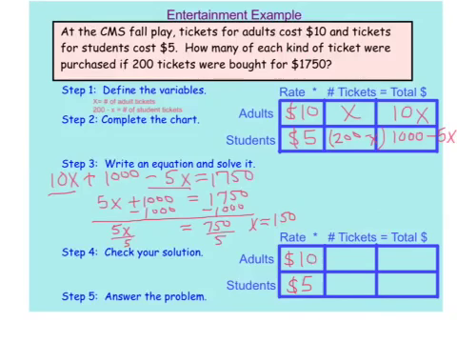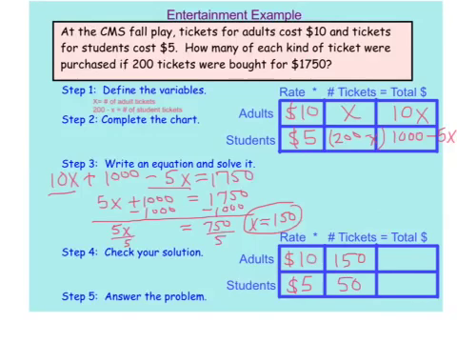Now the number of tickets has changed, because now that we know what x equals, we can replace x in both of these expressions, which makes the number of adult tickets x, 150, and the number of student tickets 200 minus x. So 200 minus 150 is 50.